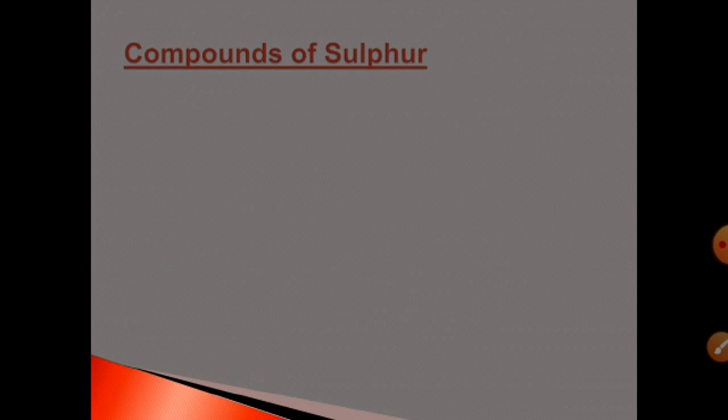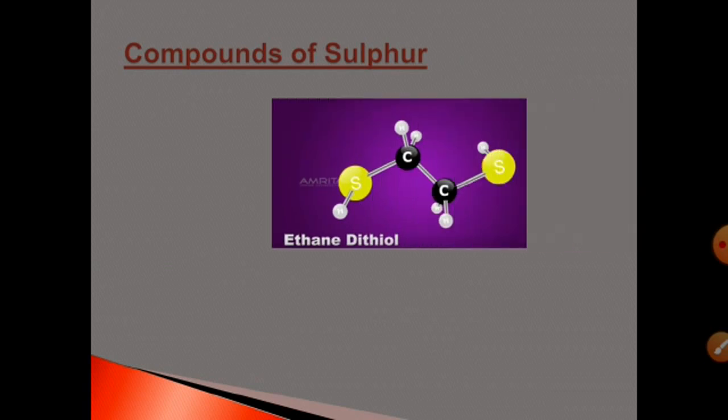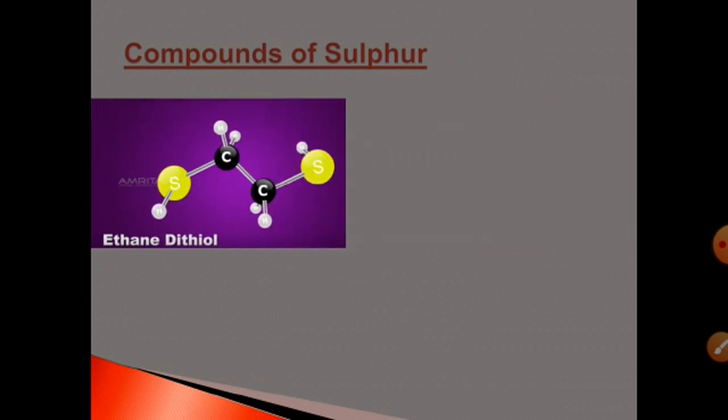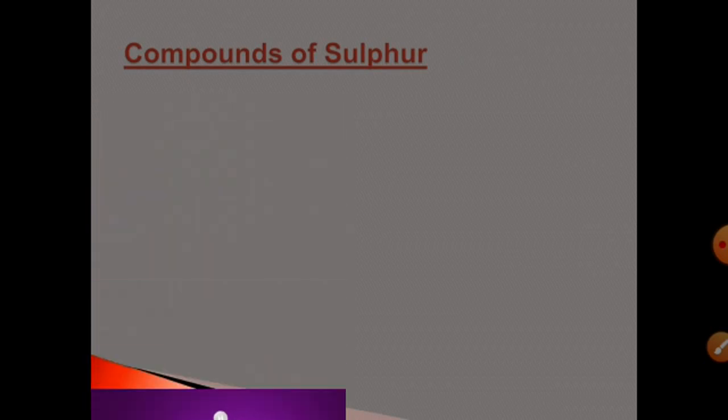Detection of sulfur in an organic compound. Sulfur is a non-metallic chemical element with the symbol S. It is present in many organic compounds such as thiol. SH is the functional group which represents thiol.